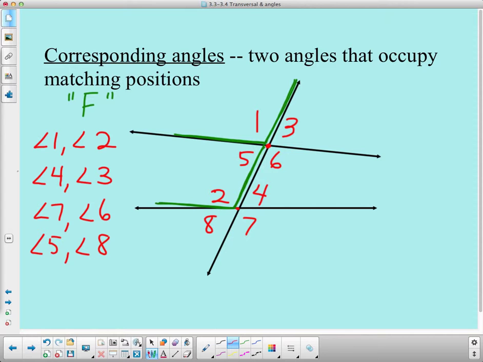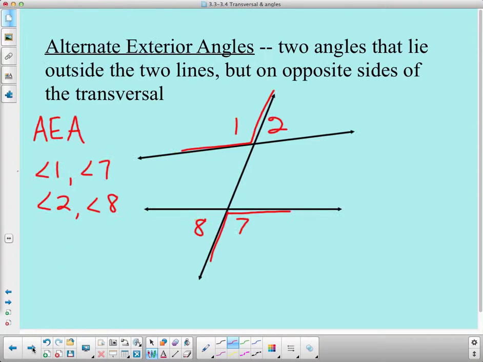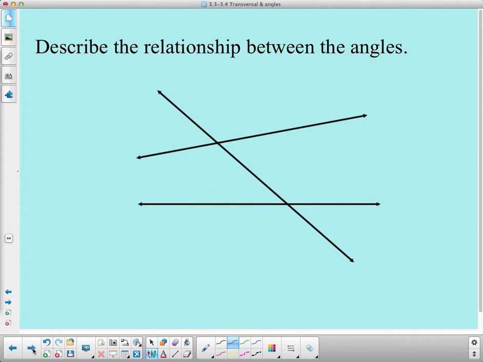All right, so let's now put that together on a different picture and have you come up with the name of the angles. Why don't you grab your marker board, get a dry erase screen, and have your notes there. We'll just abbreviate.